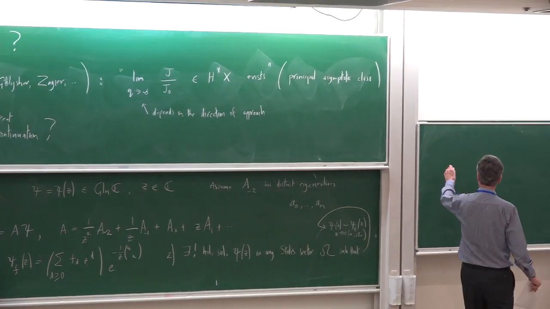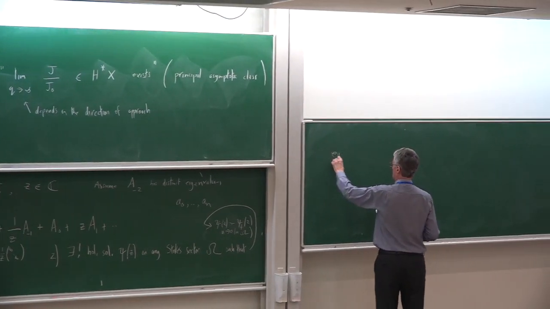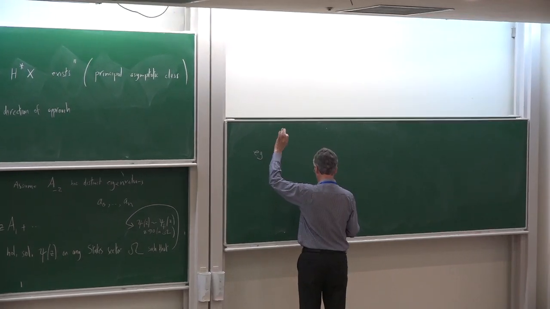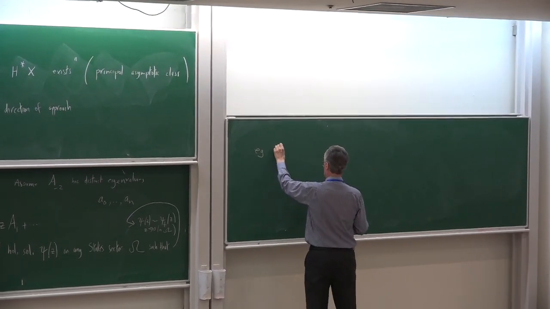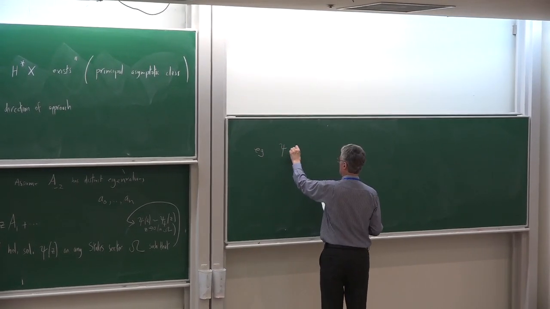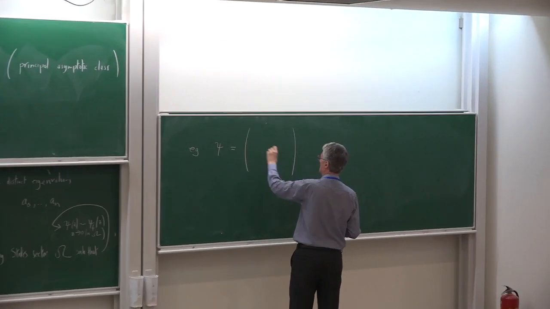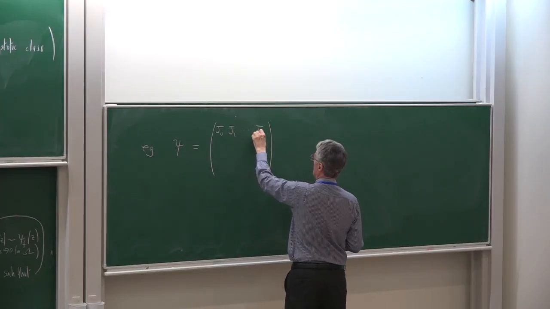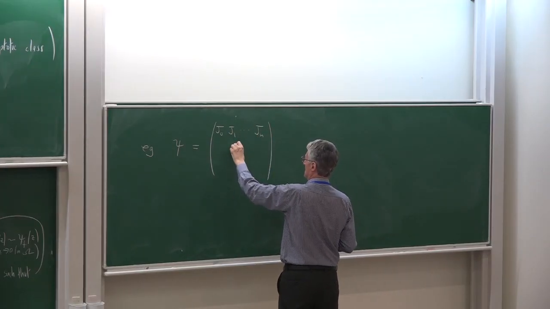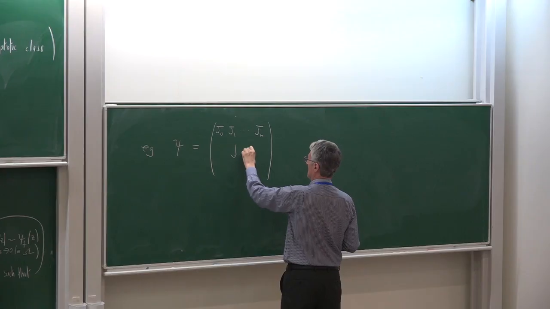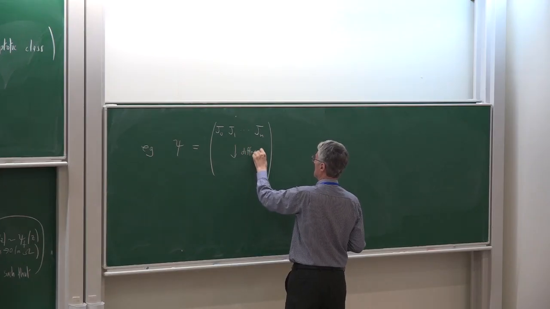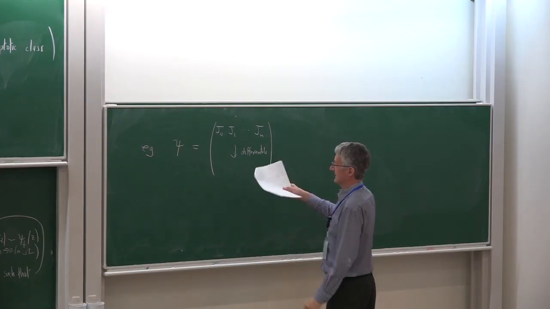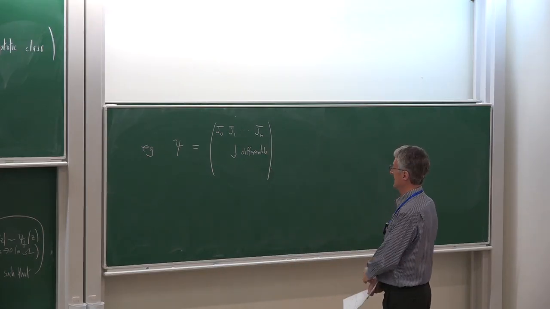And of course, what I want to do is take the quantum differential equation, and then I want to take psi to be the matrix constructed like this. So I put Givental's solution on the top row, and then you differentiate these functions and fill up the matrix, and that's how you get a matrix fundamental solution.